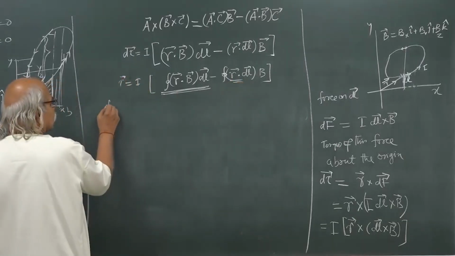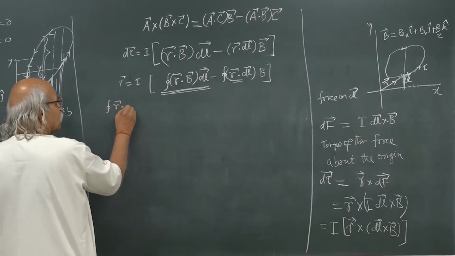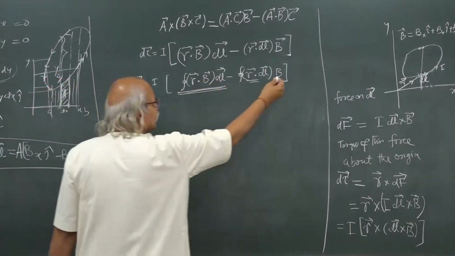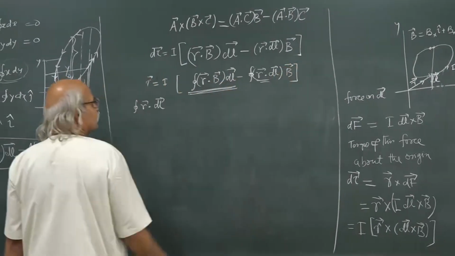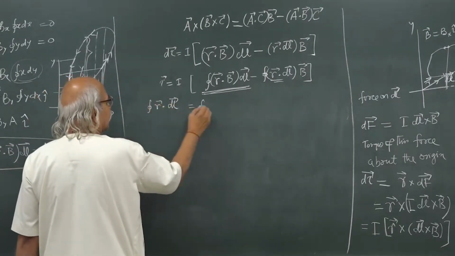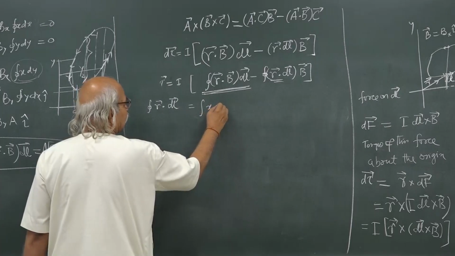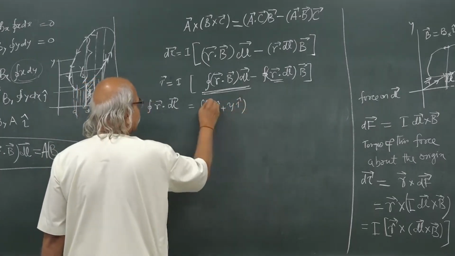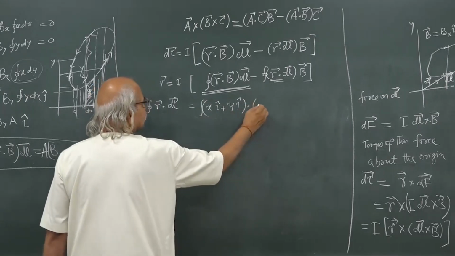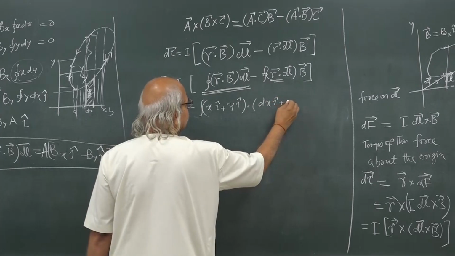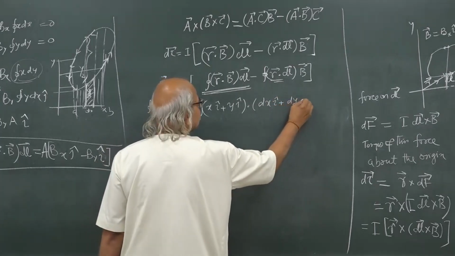So, the integration of r dot dl. This b is constant, we can keep it here. So let's calculate this. What is this? r is x i cap plus y j cap, and dl is dx i cap plus dy j cap.